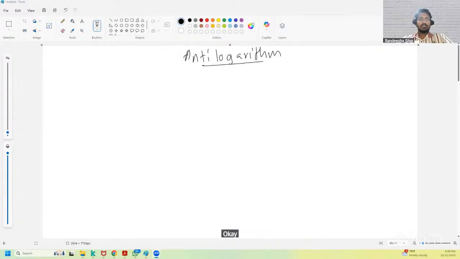Okay. So write down like this. An anti-logarithm is the reverse of a logarithm. Full stop.